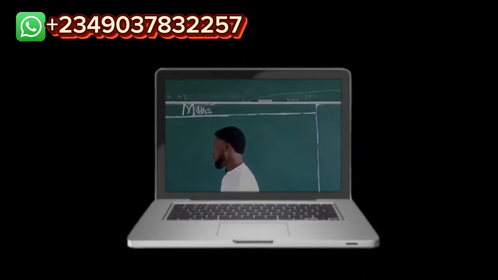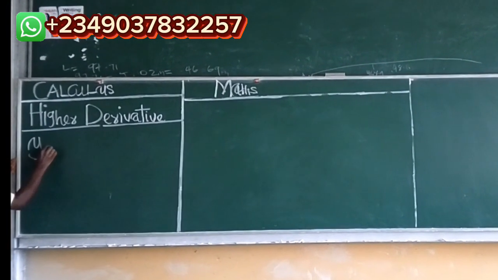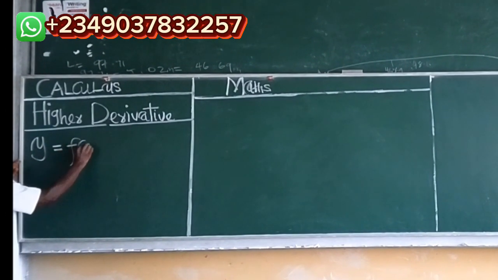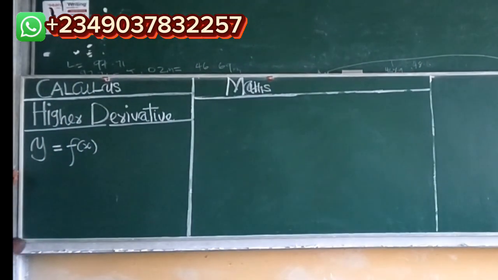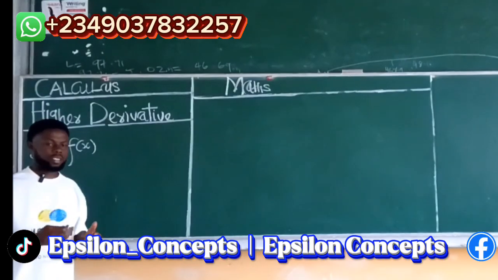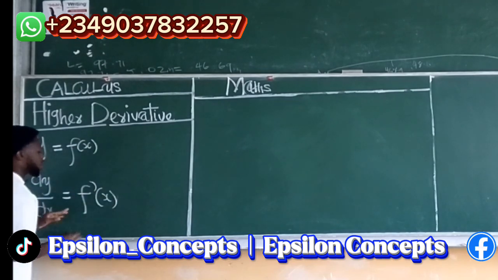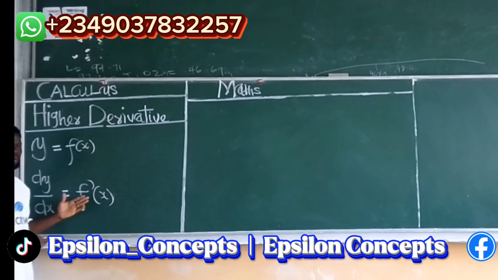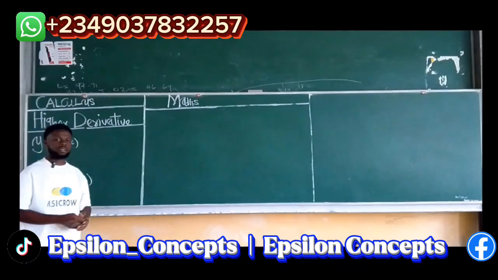Now we know that if y is a function of x, then the derivative of y with respect to x is going to be dy over dx. Or if we don't want to say dy over dx, we can say that it is the same thing as f prime of x.